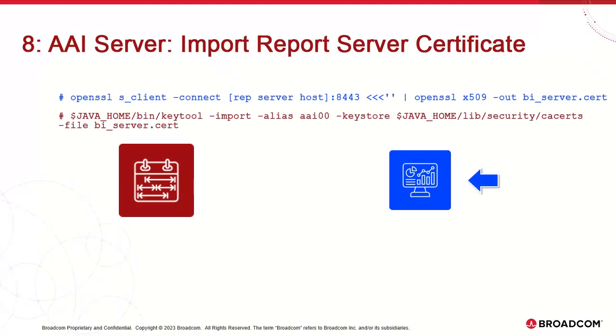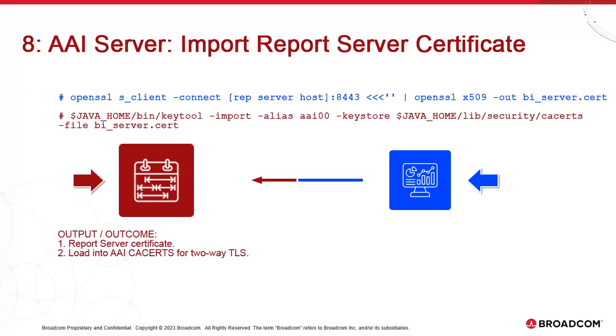Next, we use the OpenSSL command on the report server to output a report server certificate, which we import into the CA certs key store of the AAI server using the default Java instance defined by Java Home. This enables two-way authentication between the two systems.